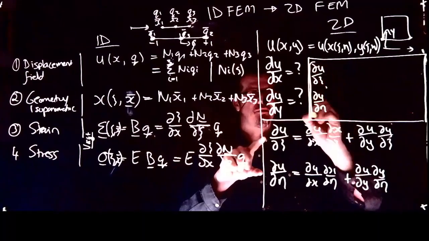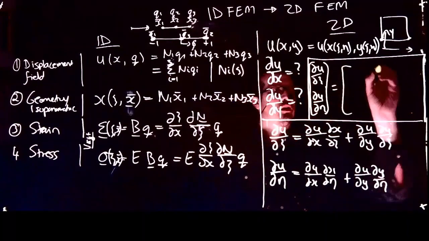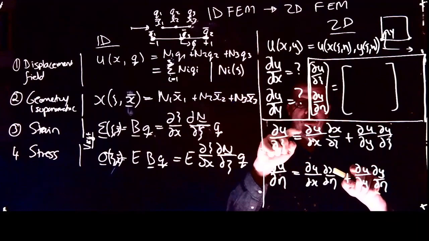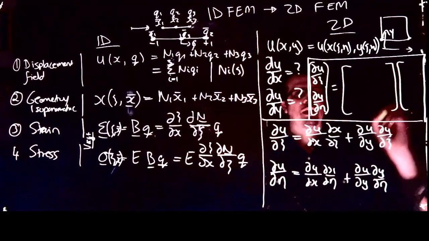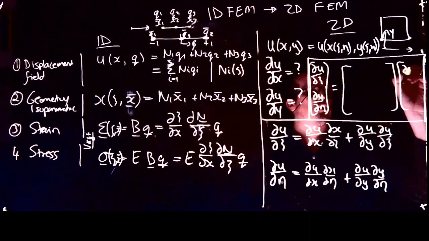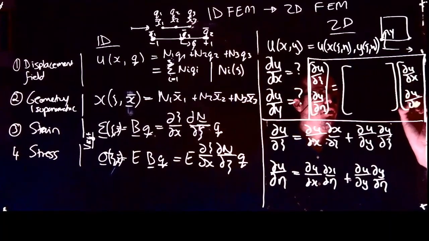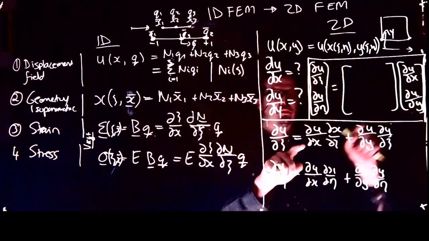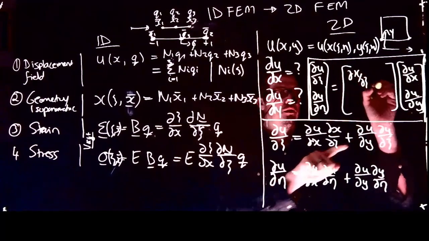I'm going to write this as a vector, and I'm going to write now a matrix and pull out all the du dx's and du dy's, because that's what I would like to try and isolate. So this multiplies with the x psi.